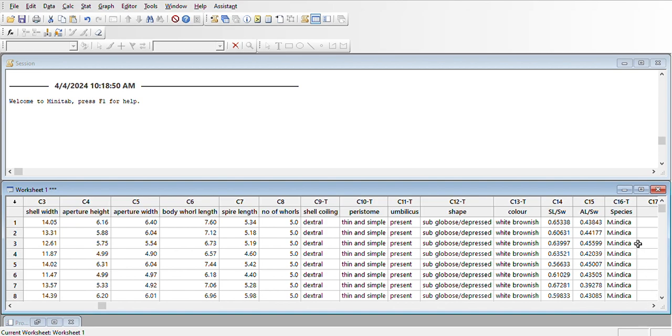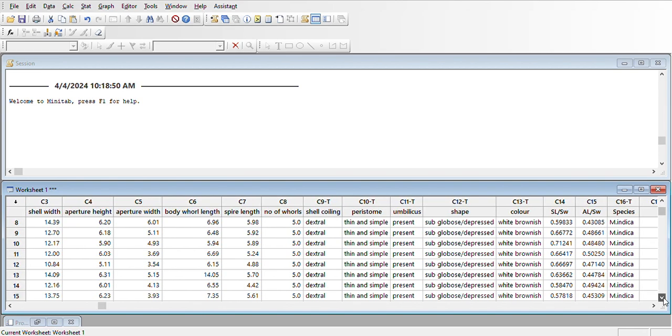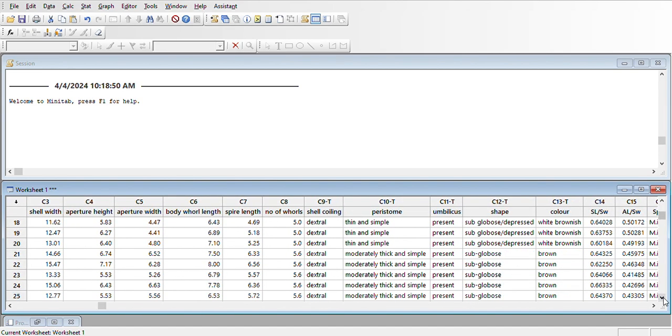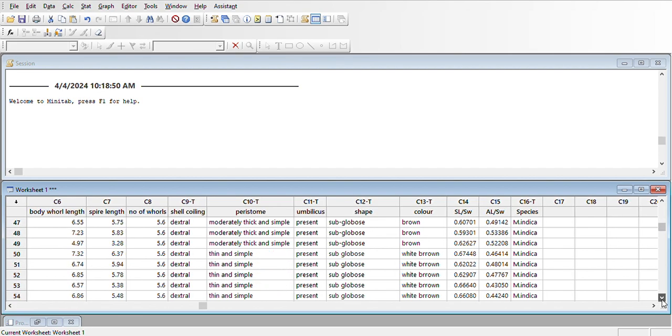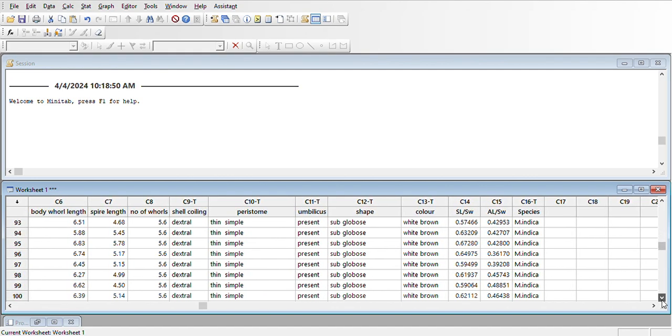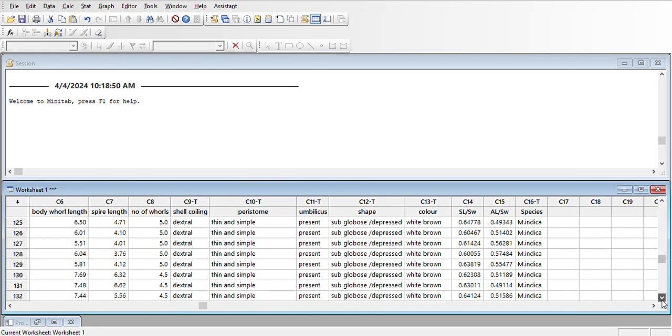From different areas, we found three different species: one was Macroclamus indica, the other was Xeropicta candaharica, and the third one was Zooticus insularis. We can see all these three species in this data.